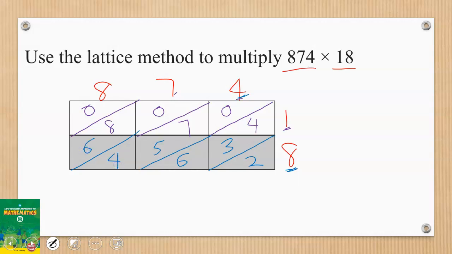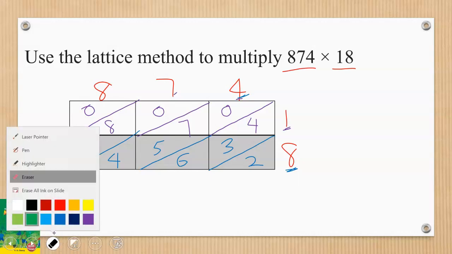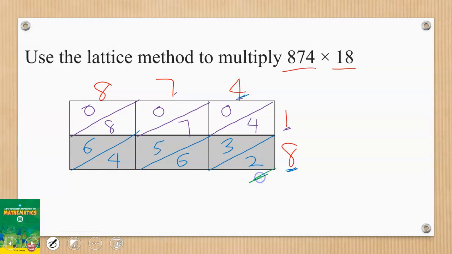Now, what you do finally here is to sum all the numbers. So summing the numbers, we start from the bottom here. We write only the first number here, so we bring this 2 down here. Then we add the 4, the 3, and then the 6.